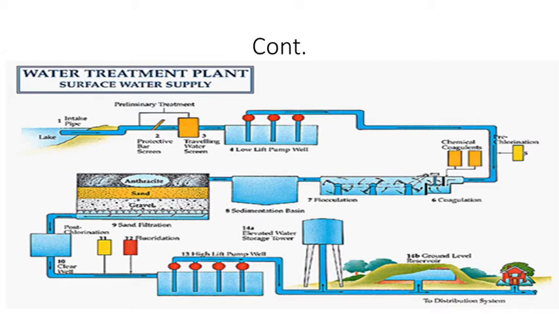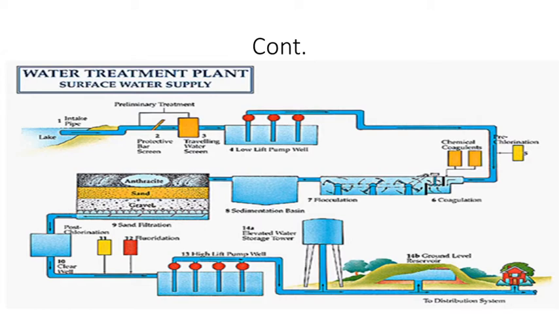This type of filter, the pressure filter, is basically used for water supply for colonies, swimming pools, industrial plants, bus stations, and railway stations. In these areas the pressure filter is suitable, but it is not suitable for the public water supply, because it is not very efficient or effective in removing bacteria and turbidity compared to the rapid gravity filter and slow sand filter.